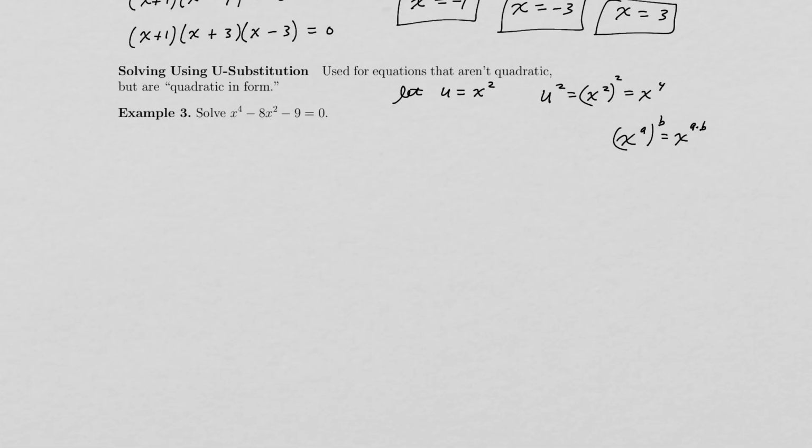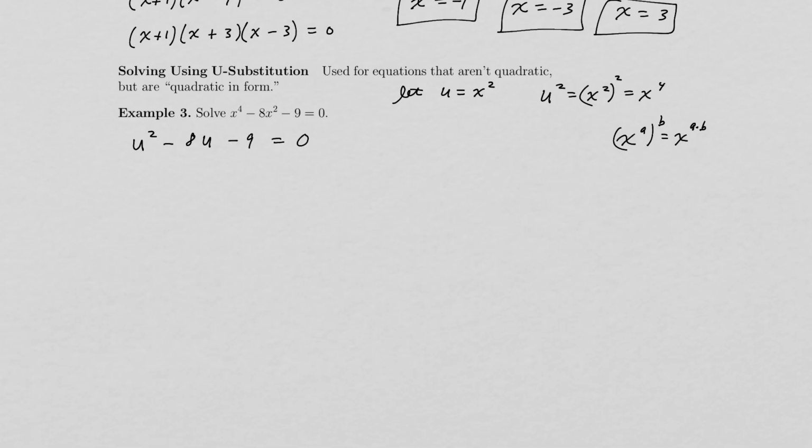So x squared raised to the 2nd power, I multiply 2 times 2 is 4, I get x to the 4th. So therefore I can write this now as u squared, because that is x to the 4th, minus 8, remember x squared is just u, minus 9 equals 0.